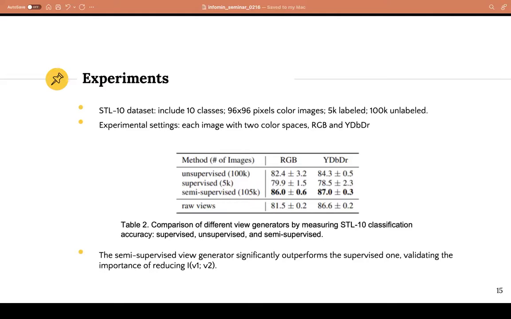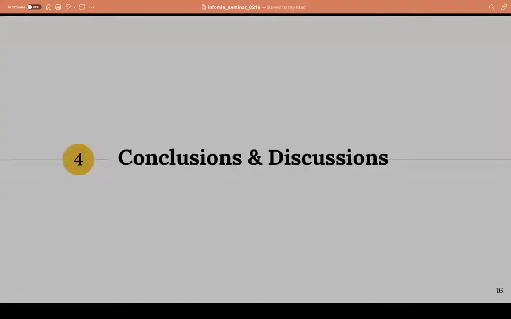And also you can see here the unsupervised learning actually is better than the supervised, because the volume of the data. And yeah, that's the final experiment.